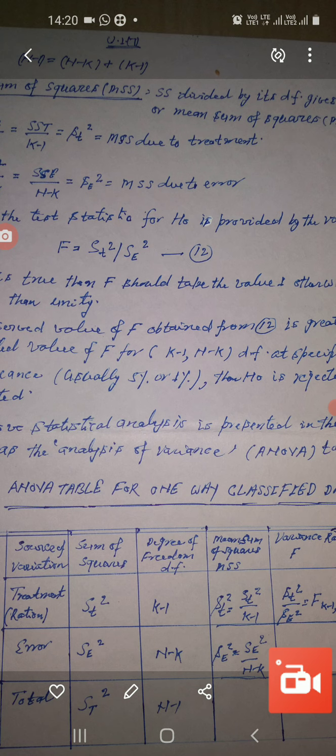Means total degree of freedom will be N minus 1.